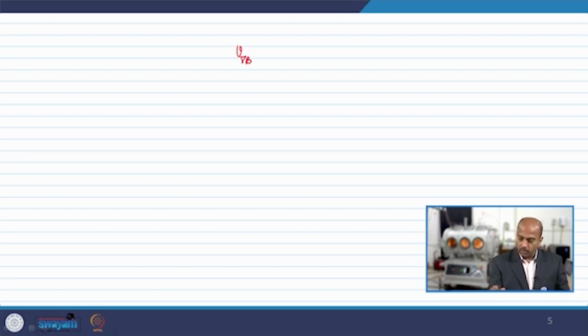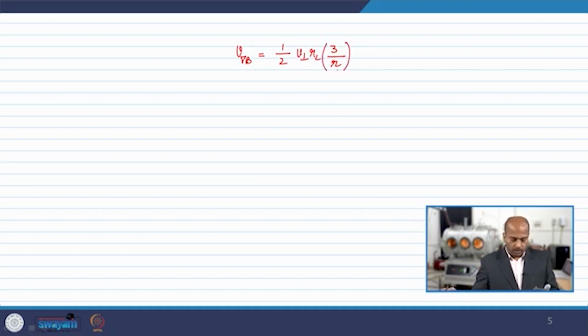So what is the formula that we will actually need? It is the gradient drift velocity V del B. V del B is half V perpendicular RL into 3 by R, right? Now let us talk about this parameter, half V perpendicular RL.